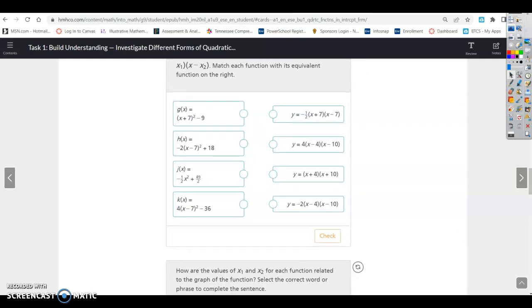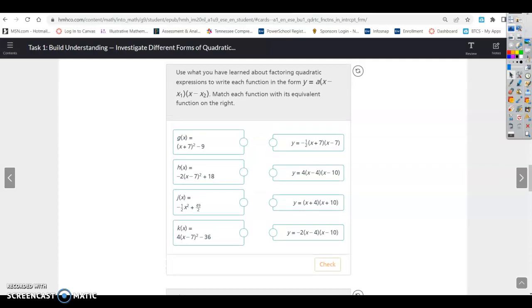Okay? All right, so the next one says, use what you have learned about factoring quadratic expressions to write each function in the form y equals a times x minus x1 and x minus x2. So basically that's just factored form. Match each function with its equivalent function on the right.